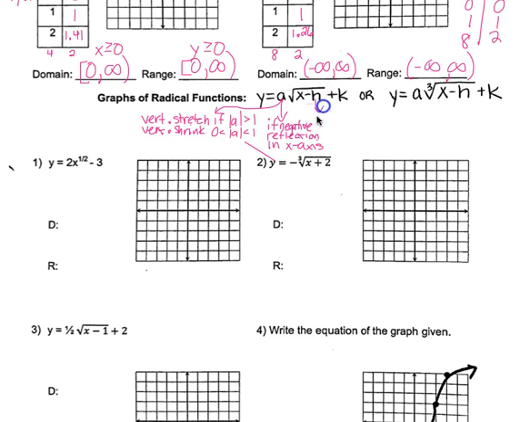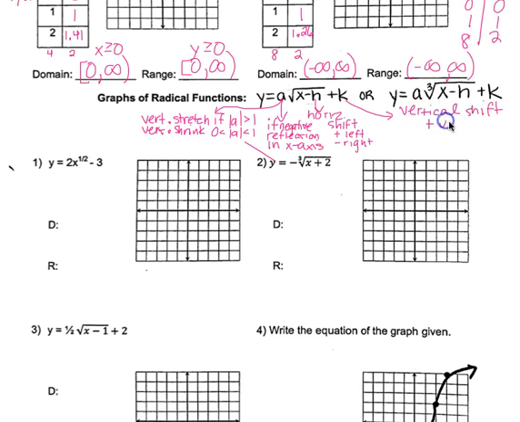H, just like it always does, controls horizontal shift. And just like always, if it's a plus H, it goes to the left. If it's a minus H, it goes to the right. And then finally, K, just like it always does, controls our vertical shift.